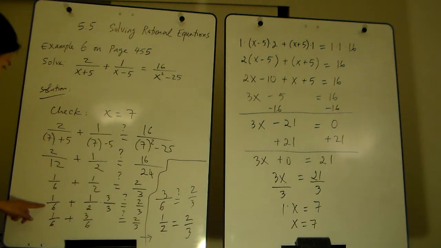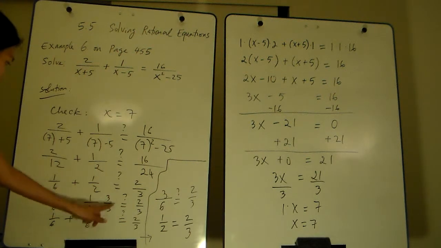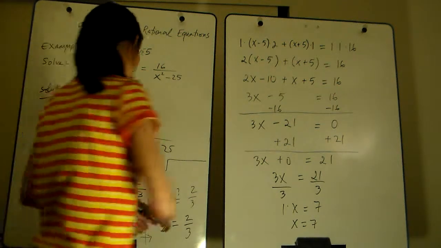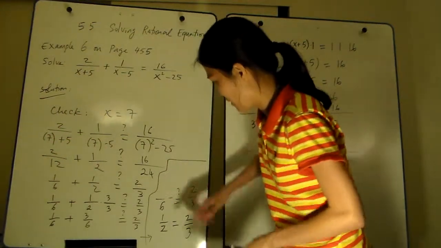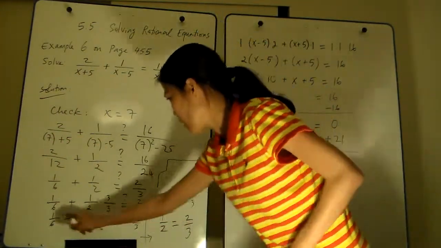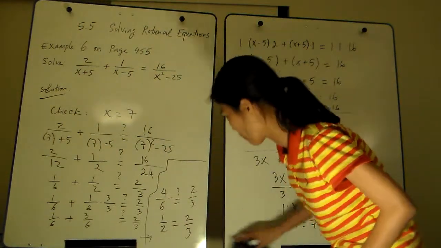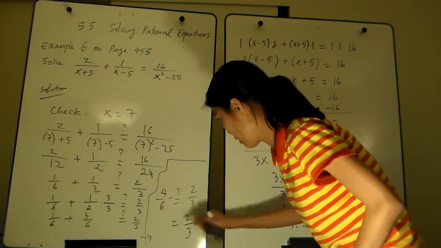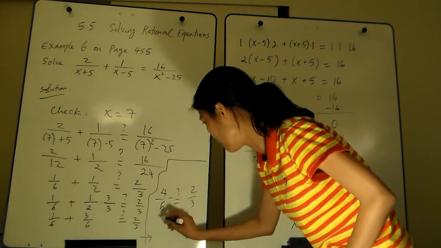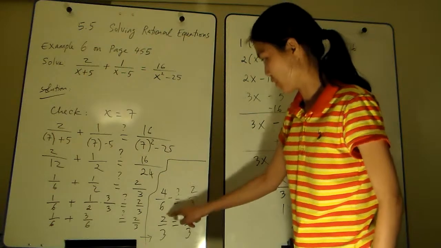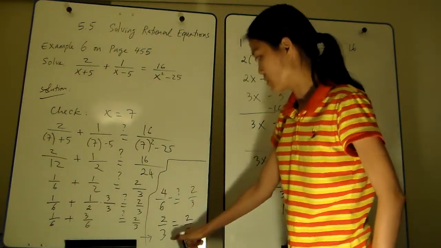For 1 half to become 6ths, multiply top and bottom by 3, so 3 over 6. Sorry, this is 4 over 6, because I'm adding numerator with numerator, which becomes 4 over 6. So 4 over 6 simplifies to 2 over 3, because 4 divided by 2 is 2, 6 divided by 2 is 3.